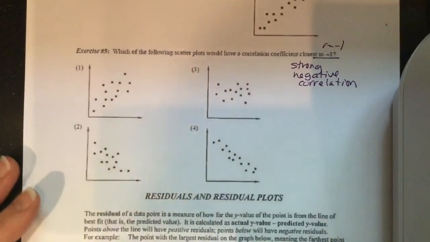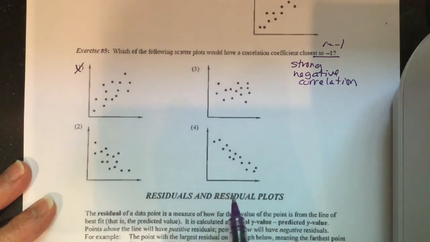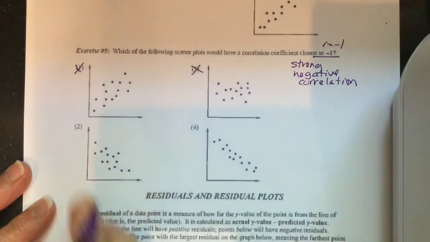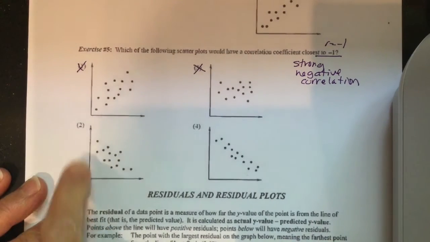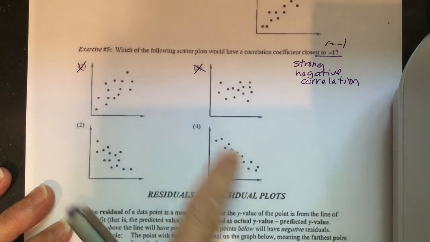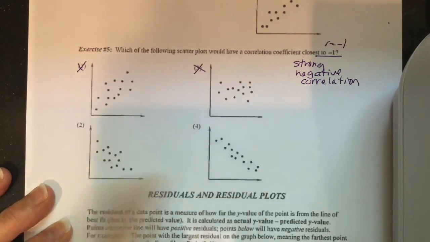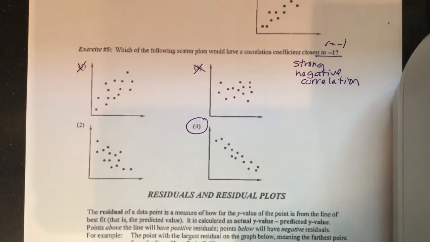So this first example is positive, so that can't be it. This is scattered, so this would really be no correlation. These are both going down, so I need to decide between the 2. This one looks pretty good, right? But this one is a little closer together. This one looks a little bit more like a straight line. This one would be stronger or have an R value closer to -1 than number 2. So that's why I chose that one.